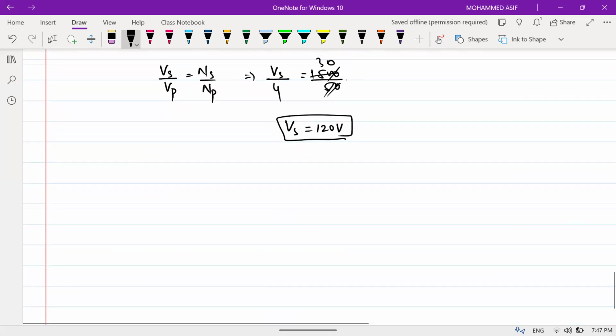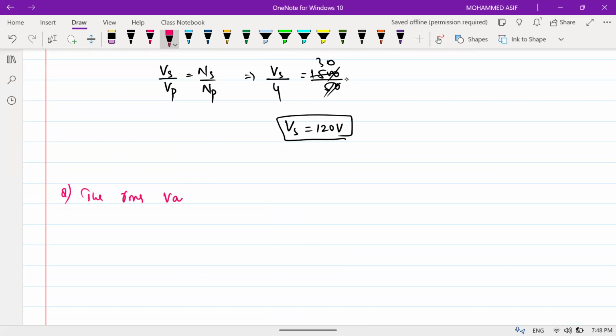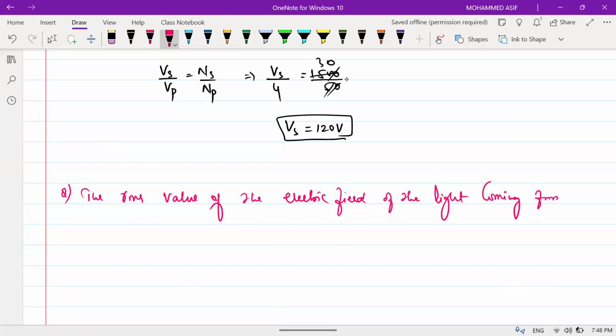That's the next question. The RMS value of the electric field of the light coming from the sun is 720 Newton per Coulomb.